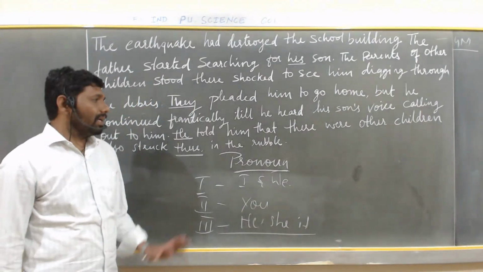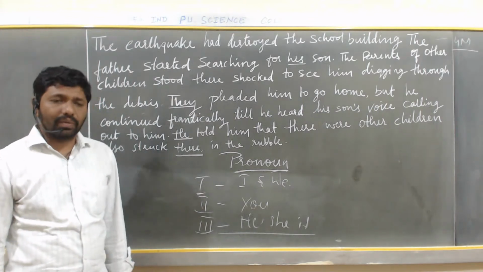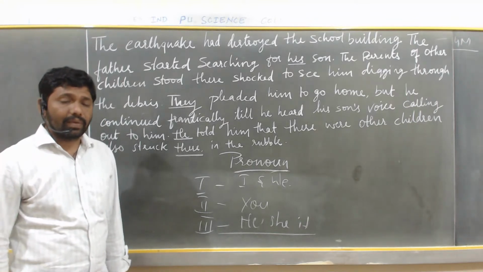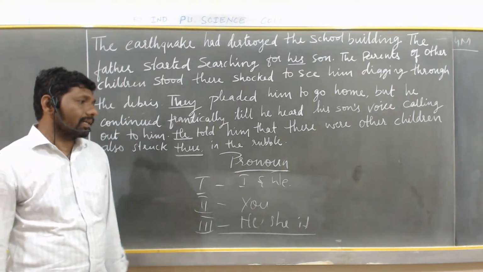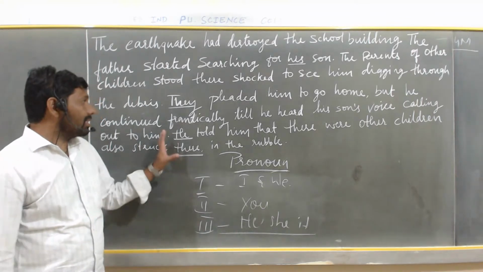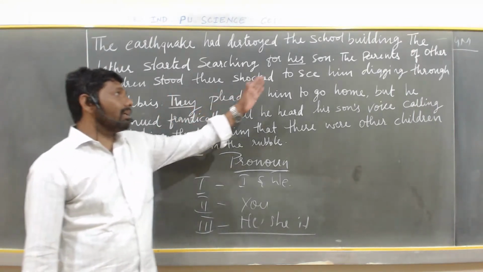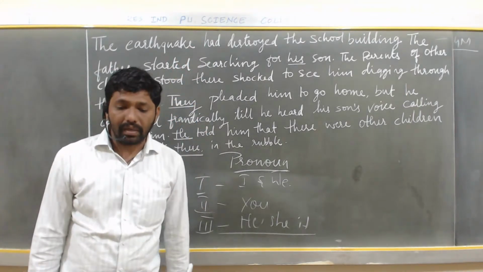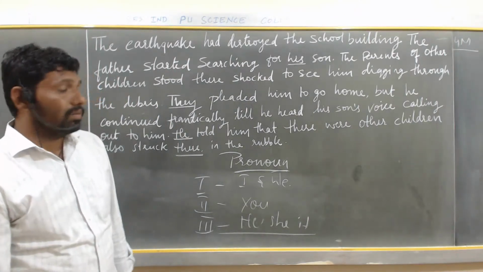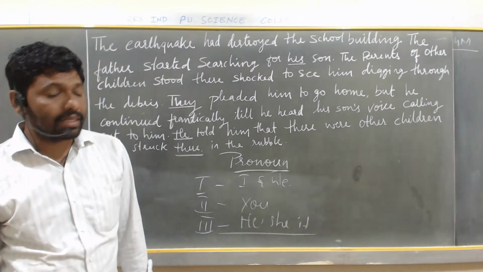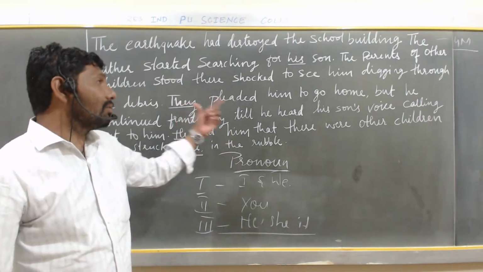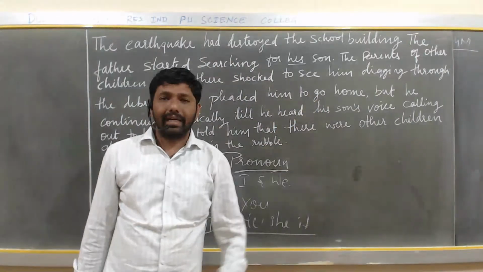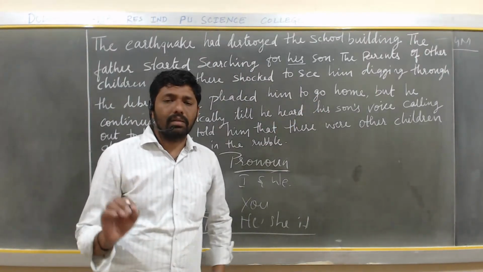Nothing you need to mug up or practice, but you should know which pronoun is related to whom. Identification of a pronoun: what do the underlined words in the following extract refer to? To whom does this pronoun refer, that you need to identify. Very simple, straightforward.